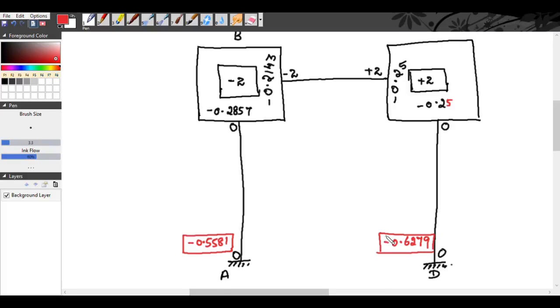Now we will write the rotational contributions and displacement contributions.